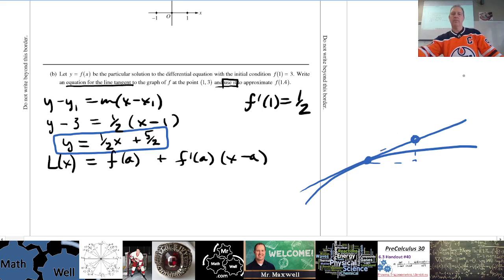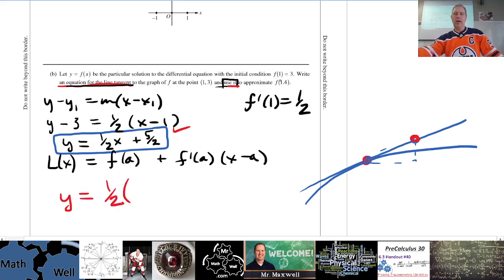You see that? Because of the way this question is framed, we do have to find the equation of the tangent line, which we did, and we have to use it, not really this linear approximation, I guess. So we're just saying, hey, what is the y value on this line at this x value?